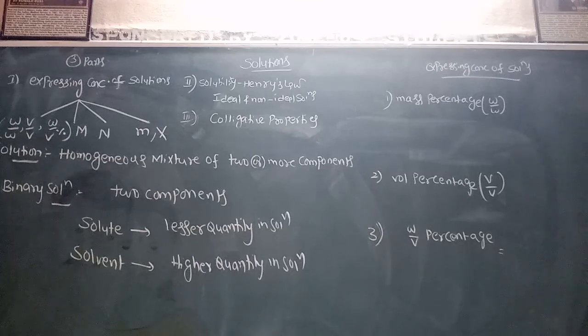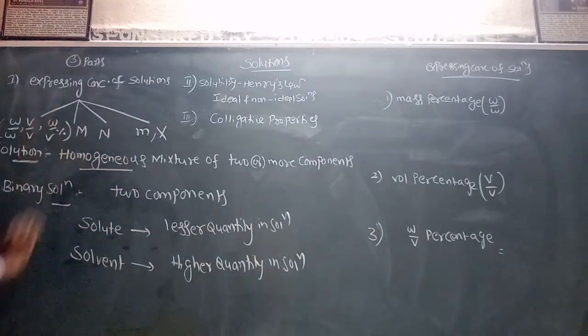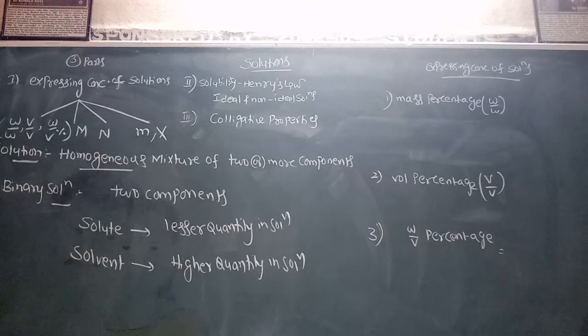This is a very fundamental question: what are solutions? All of you know very well, as these terms came up in previous classes also. What is a solution? It is a homogeneous mixture of two or more components.